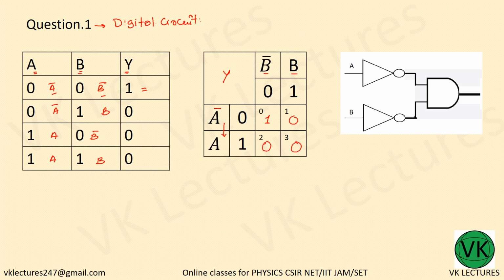Okay. So A bar, B bar is the output. All other outputs are 0.